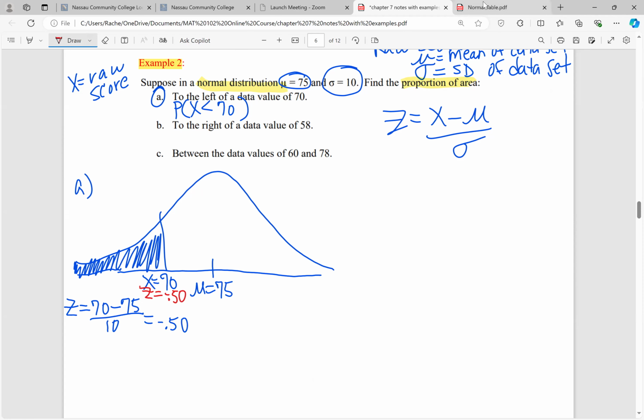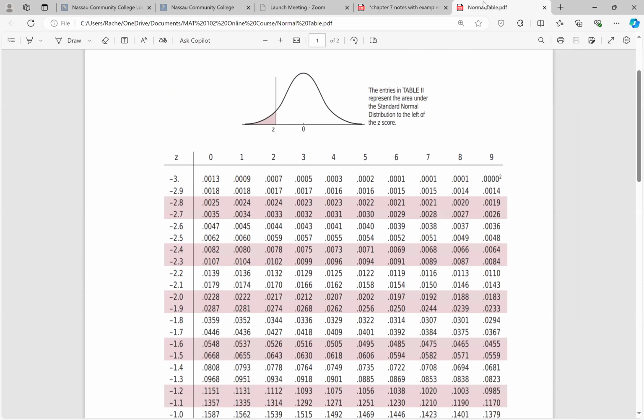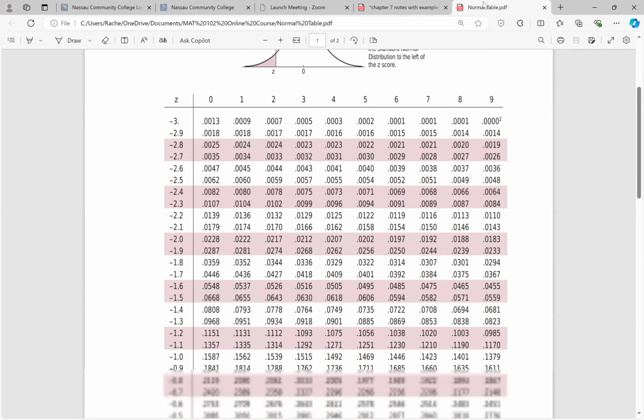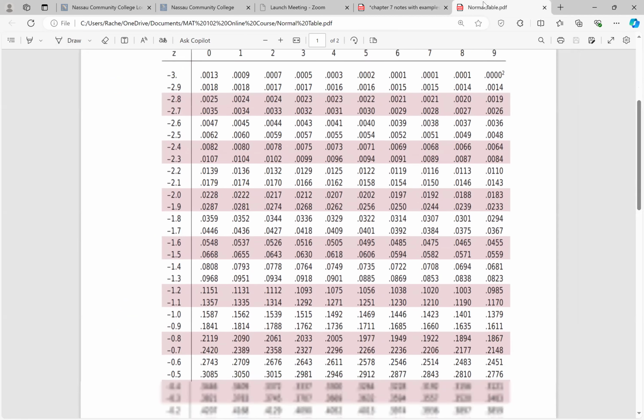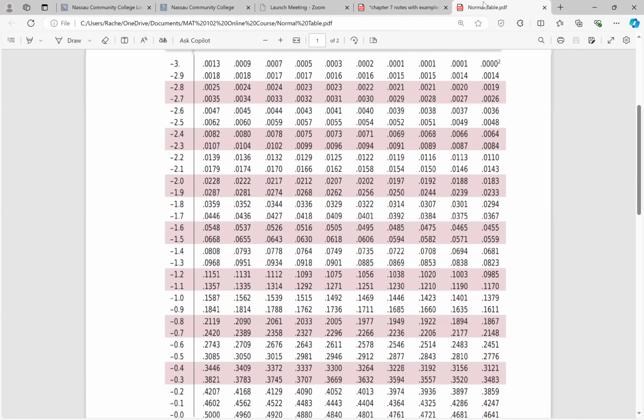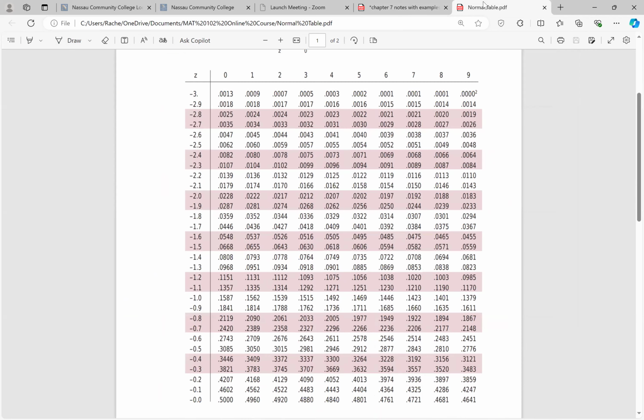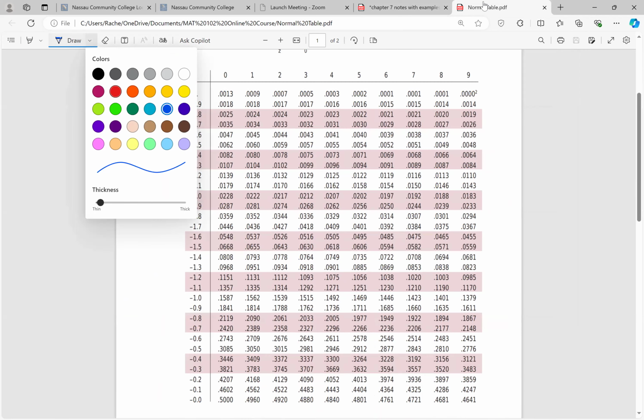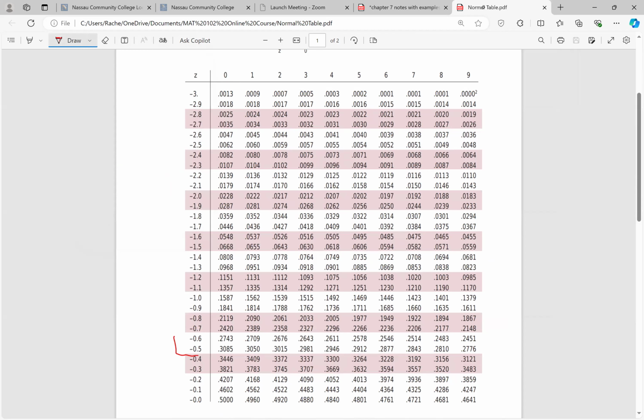So now let's go to the normal table. We should be on the negative table, right? And let's look up negative 0.50. So here is negative 0.5, and then we have a 0 in the hundredth spot. And my area to the left, remember, the table only gives us the area to the left.